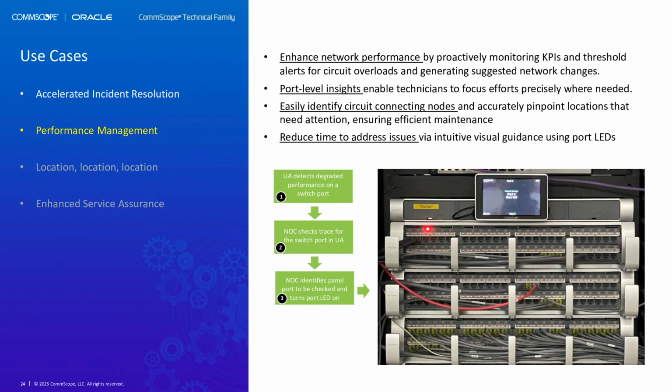So by having full visibility on the entire circuit for that particular switch port, the NOC team can light port LEDs on the panels that are part of the circuit and guide a technician to check the connecting patch cords on each of the ports, so that if there is a kink, they can address it and make sure that the performance degradation has been resolved, which was due to this accidental kinking of the patch cord. So you can see on this slide that this LED port was lit up through the UA.